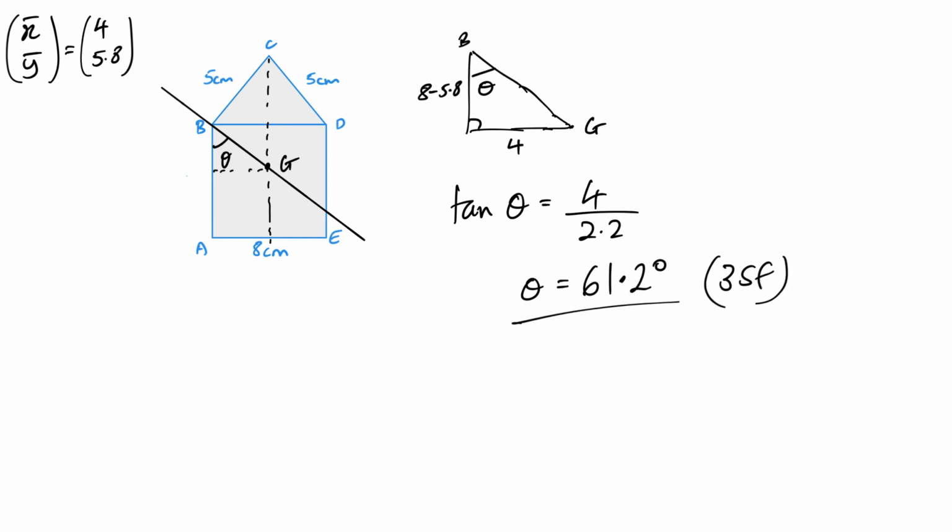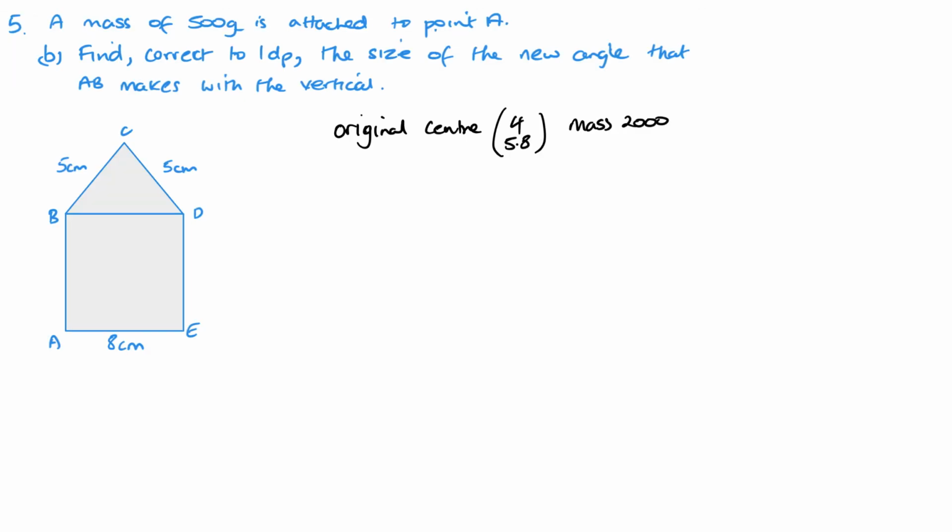So I think part A was quite straightforward. Now, for part B, we've got a mass of 500 grams added in at point A here. Now, if I think of the original, the original was 2,000 grams, and it was at 4 and 5.8. We've now got a 500 gram one. It's added in at 0, 0, because we took everything from A, didn't we?